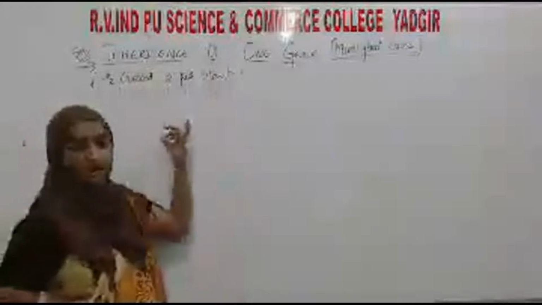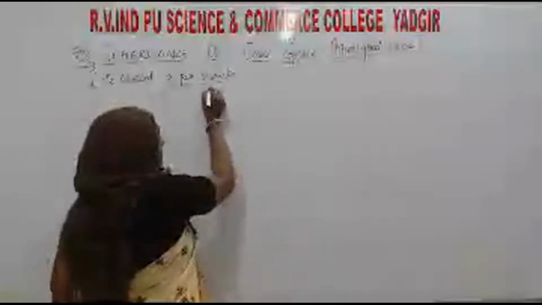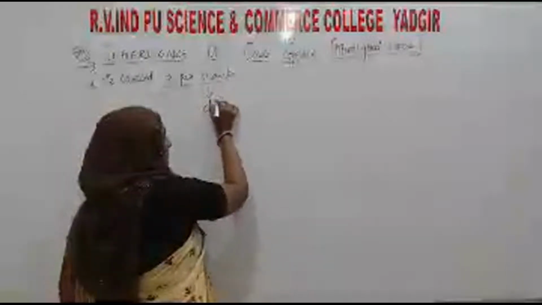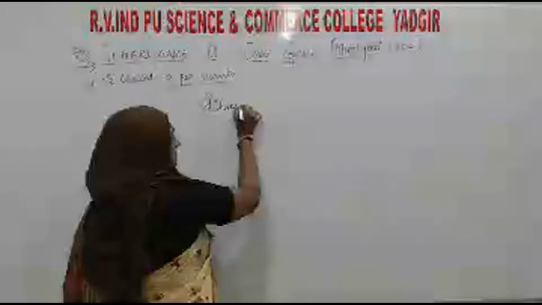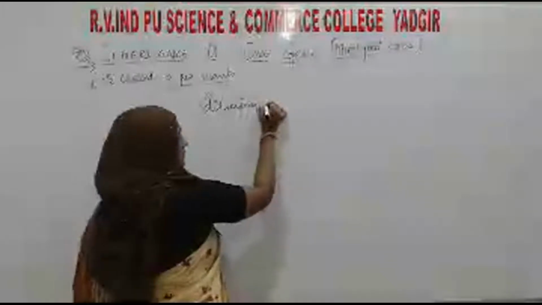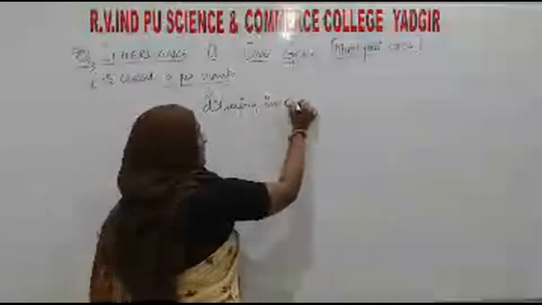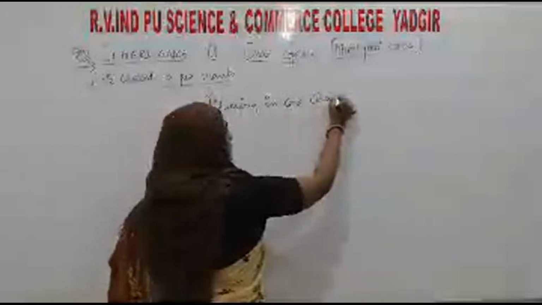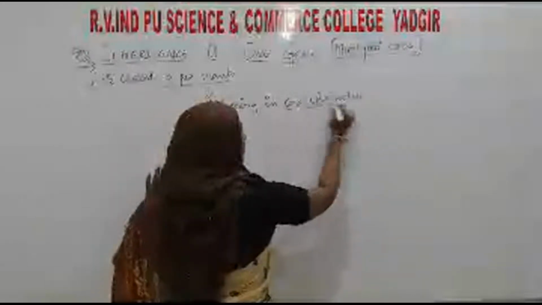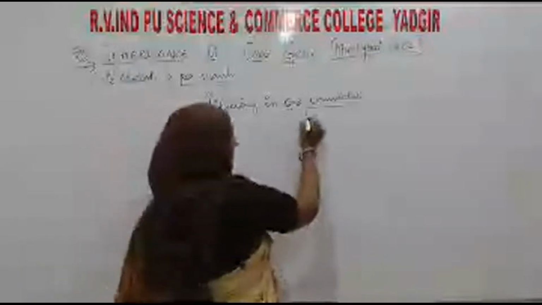And these 2 pea plants differ in one character. And what is that one character here? That one character which differs in them is the height.